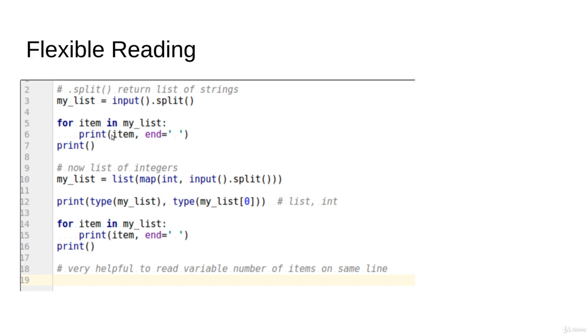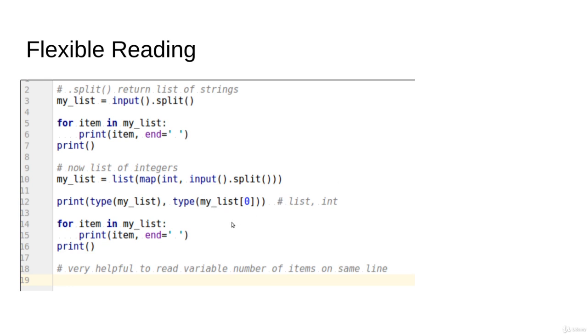And more interestingly, when we were using the map of int input.split, so far we said that it's going to convert everything to an integer. If you again took all of this output, this iterable thing, and passed it to list, you will get a list of integers. So you see here, the type of this is a list, the type of the first item is an integer.